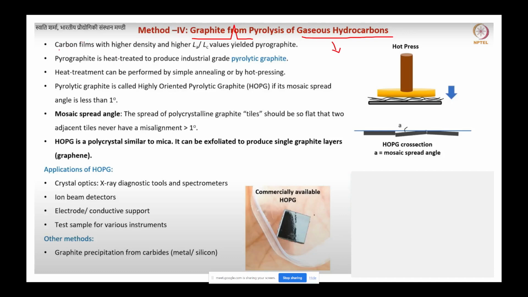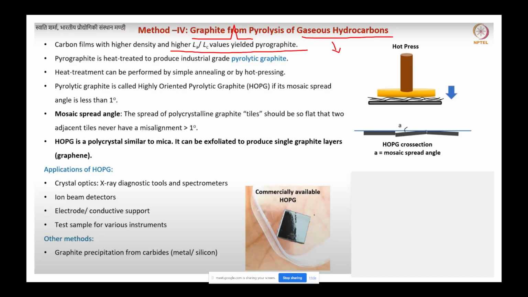The first point is that carbon films with higher density and higher La by Lc value yield pyrographite. Okay, so which of the carbon films will yield pyrographite? In the question it was asking how HOPG is different from pyrographite.